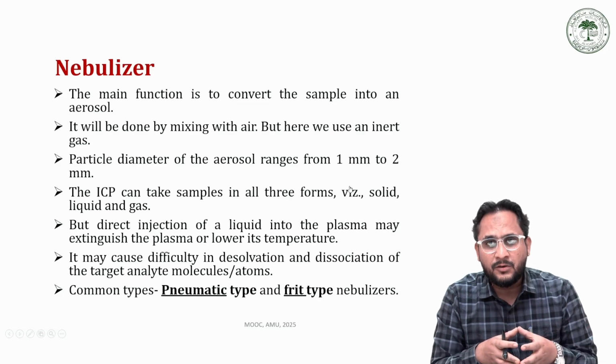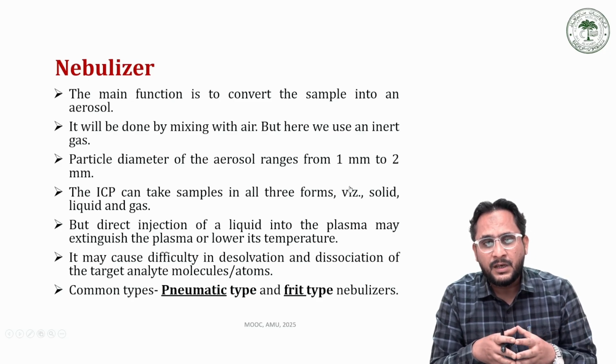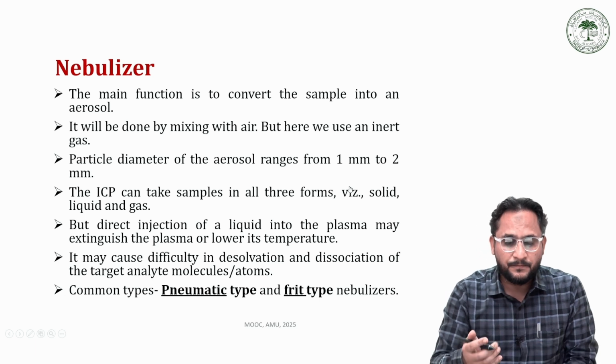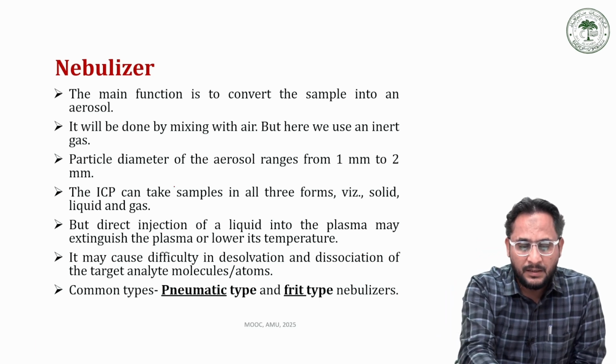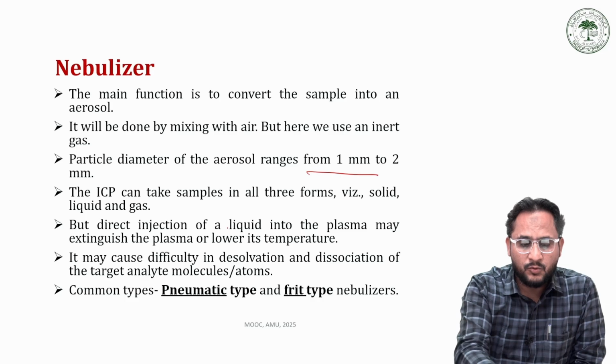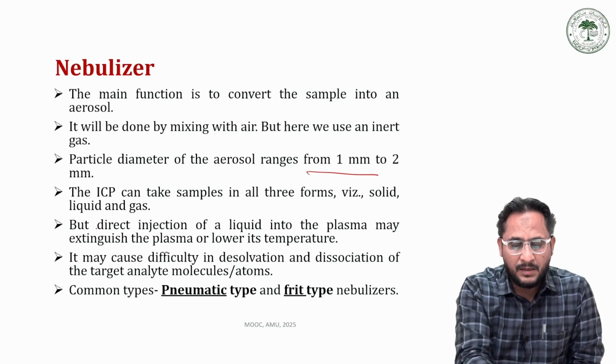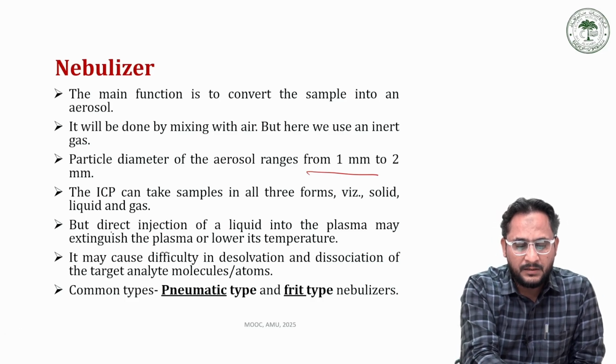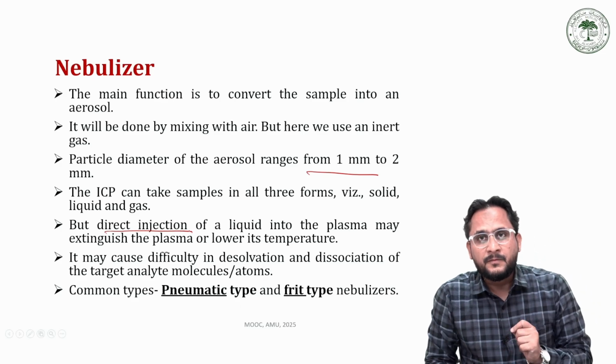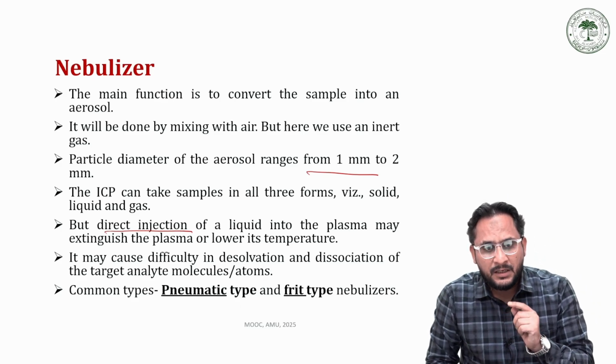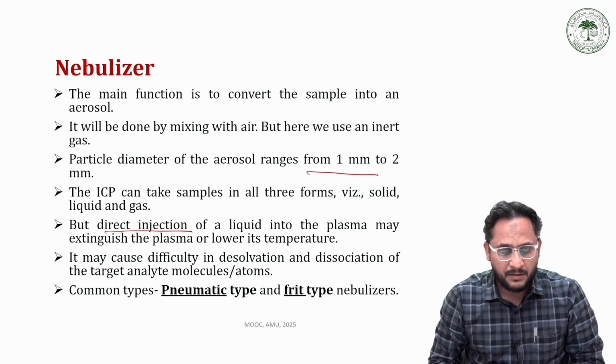Therefore we avoid using oxygen or air. Instead we use an inert gas, argon, to create this aerosol. The size of the particles ranges from 1 mm to 2 mm or even less. Then the samples are injected into the plasma torch in its innermost tube with the help of a spray chamber.